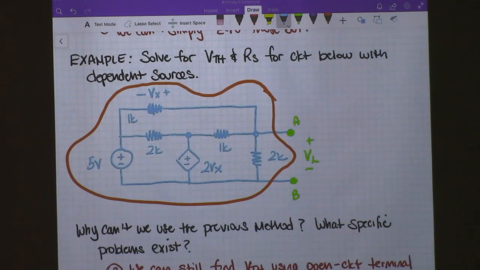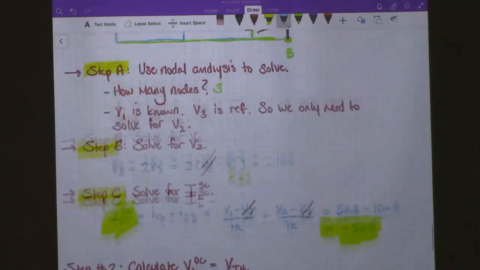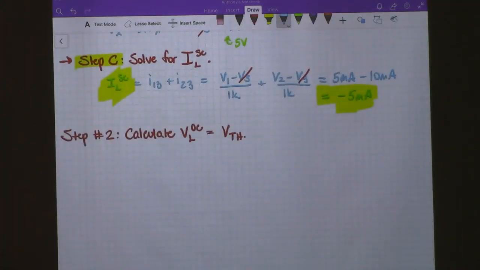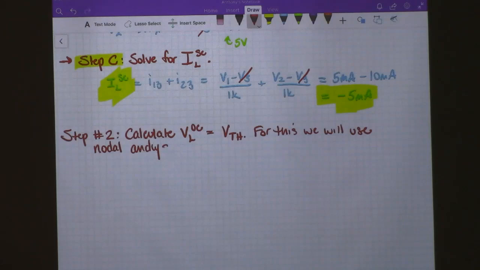And so we'll go ahead and use nodal analysis again. So calculate VOC equals VTH. For this, we will use nodal analysis. How many nodes?